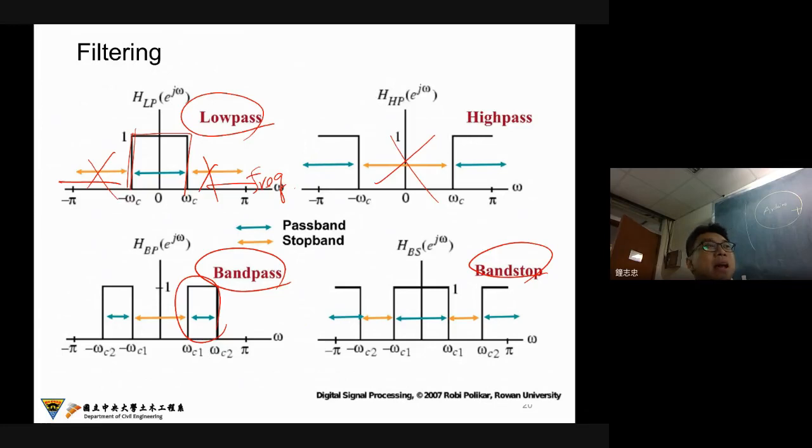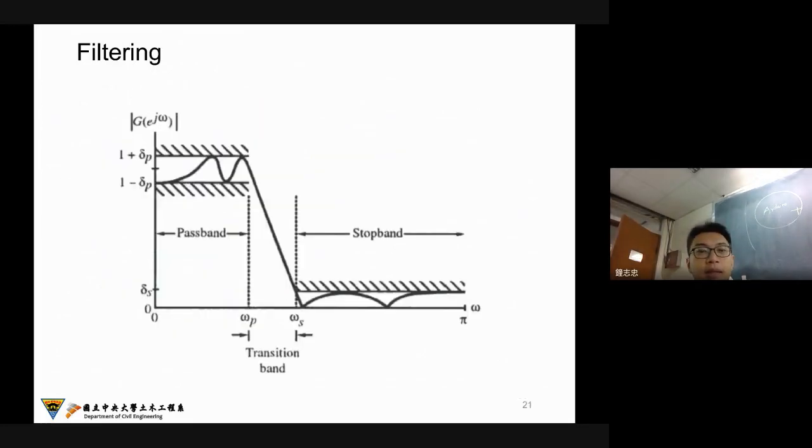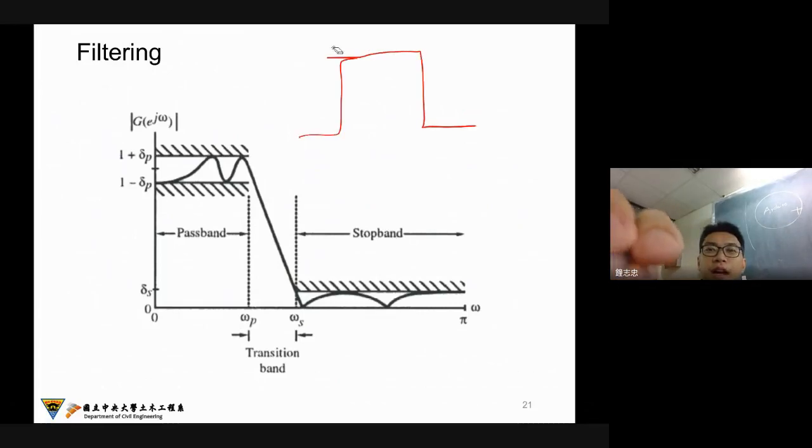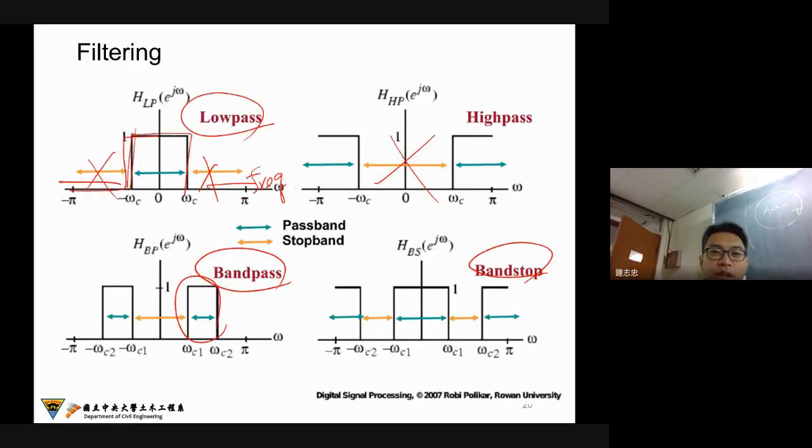So in MATLAB, I think you can check the filter. There are a lot of functions you can use for the filtering. But somehow, I would like to say, this is the perfect window, right?